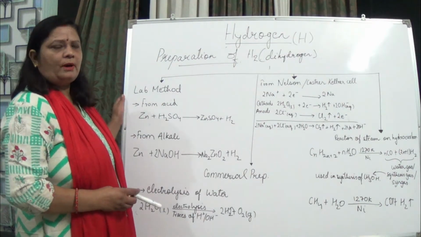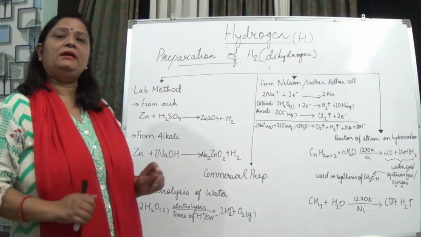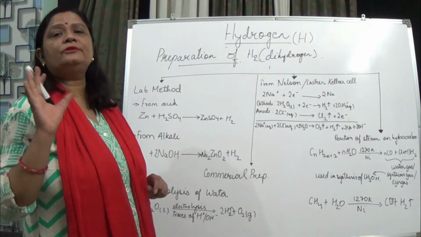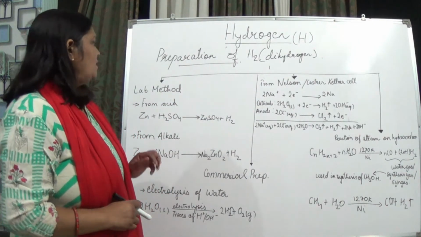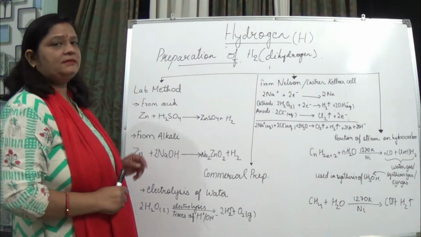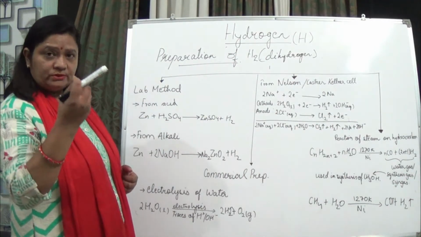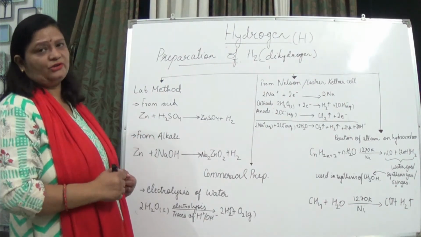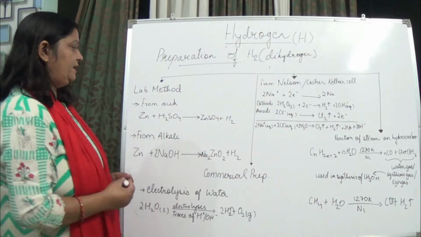When we talk about the lab method, we are making a pure form of dihydrogen. A simple example you have studied in class 10: when we take Zn granules in a test tube and add H2SO4, H2 gas is liberated.